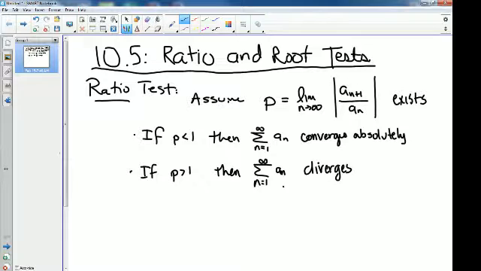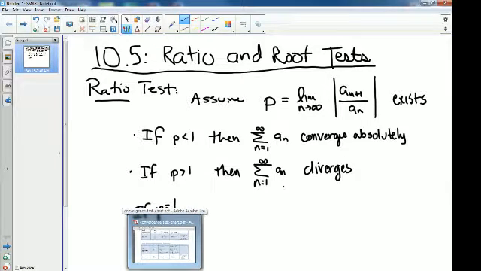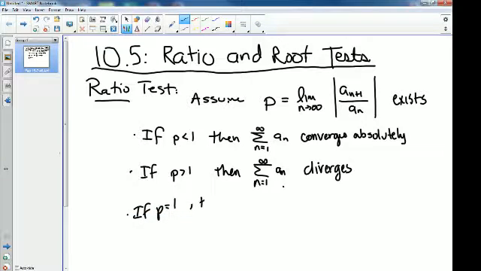Last situation. If P is 1, the test is inconclusive. You have to get more terms to see what happens here.